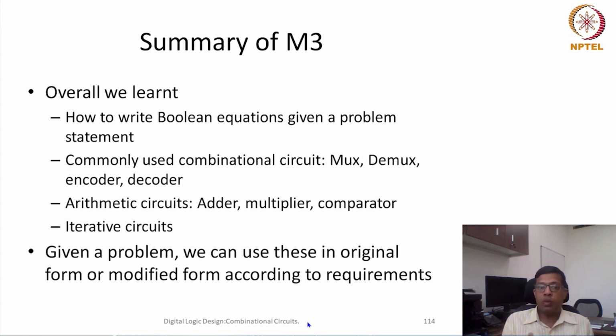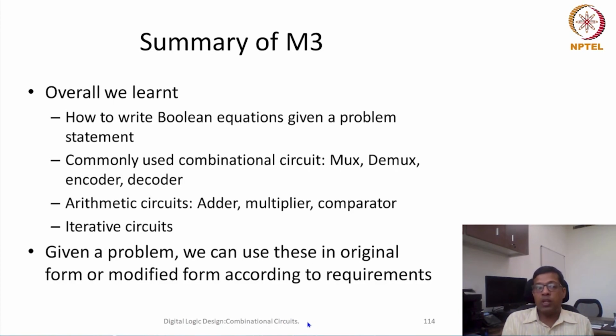So given a problem statement, first we can think about how we can break things into different parts, then which particular kind of design can be useful for each part, and if nothing works out, then we may have to go for a custom solution for that particular problem.